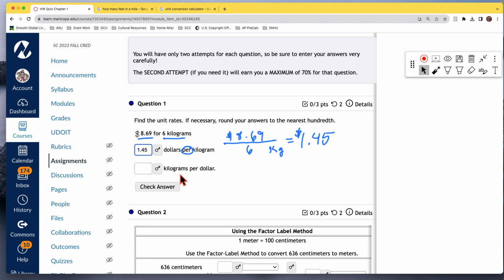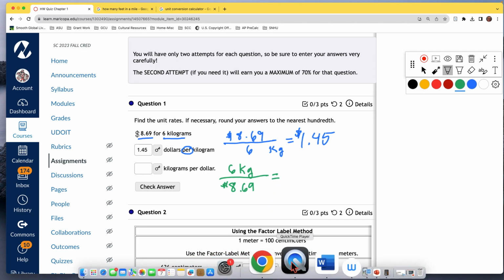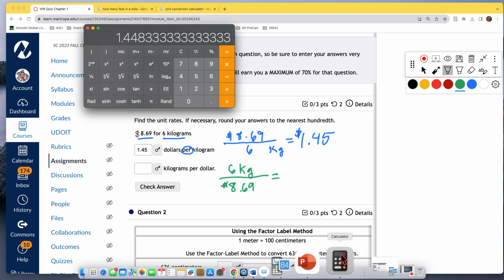How about kilograms per dollar, not dollars per kilogram? We do the same thing, but we do the reciprocal, right? How many kilograms do we have? We've got 6 kilograms, and that cost $8.69. And so we do the same thing, but the division is the reciprocal.